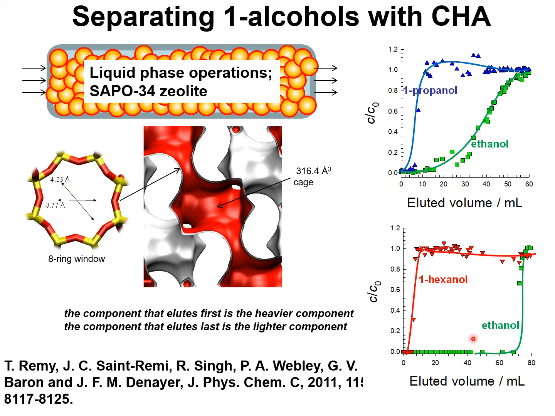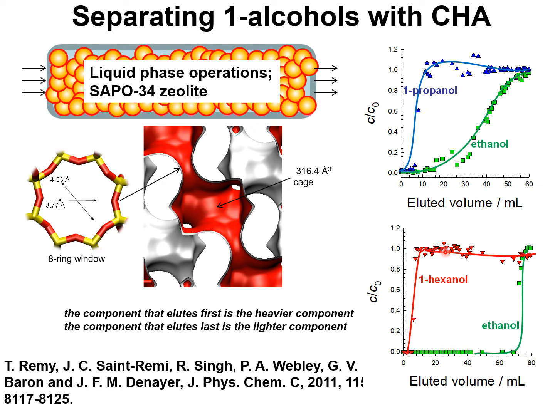Let's look at 3 of the experiments reported by Remy. We have feed mixtures of ethanol and propanol in equimolar proportions, and the breakthroughs show that the component to break through first is the longer alcohol 1-propanol, and the shorter alcohol ethanol is the second component to break through.